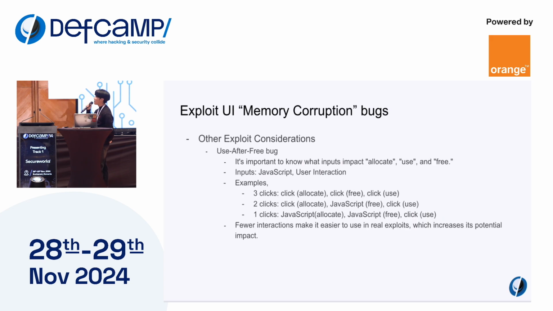This is another consideration of the exploit, and we are focusing on the use-after-free bug. It's important to understand how allocate, use, and free operations impact the bug. Since we have two inputs, we need to identify which input influences the UAF trigger stages.